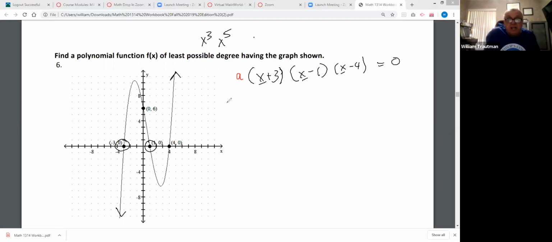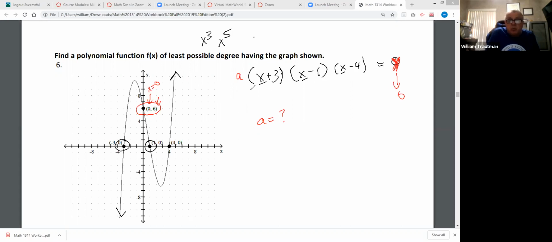The way we find out what a equals is by using our y-intercept. We plug 0 into x, and our answer, this is our y by the way, should be 6. y should be 6 when I plug 0 in. So watch what I do.